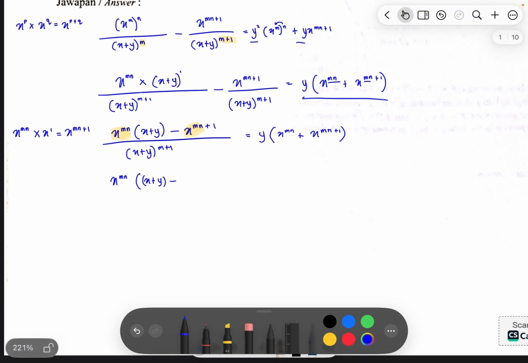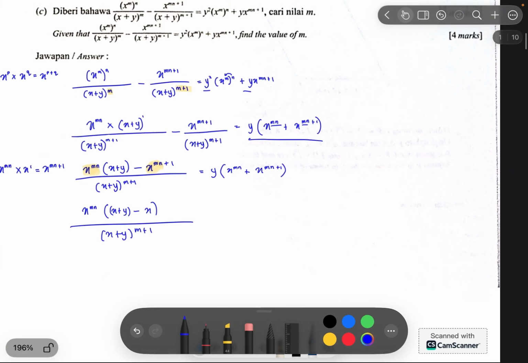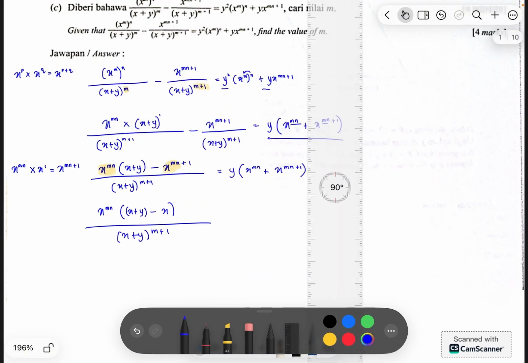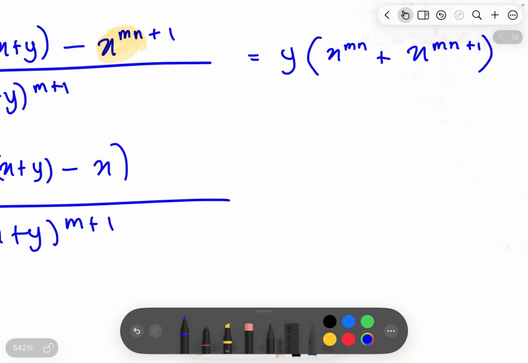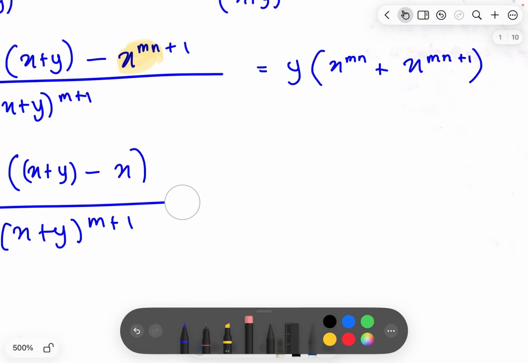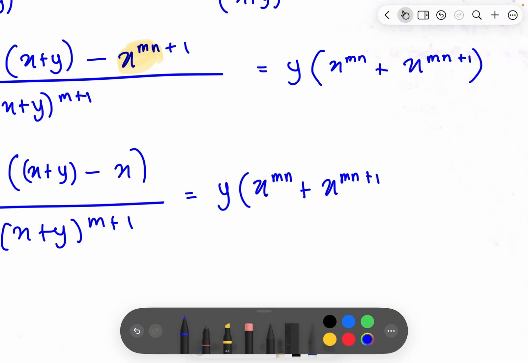So this will be minus x over (x plus y)^(m plus 1). Okay, since there is not much space, I'll try to separate, okay, y bracket x^mn plus x^(mn plus 1).